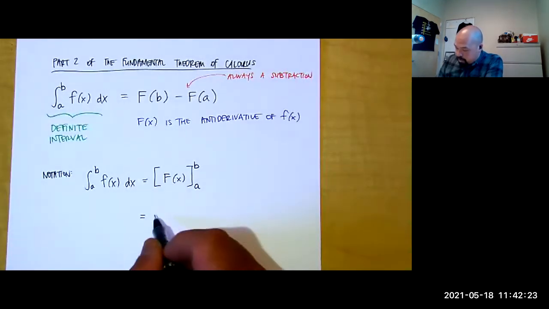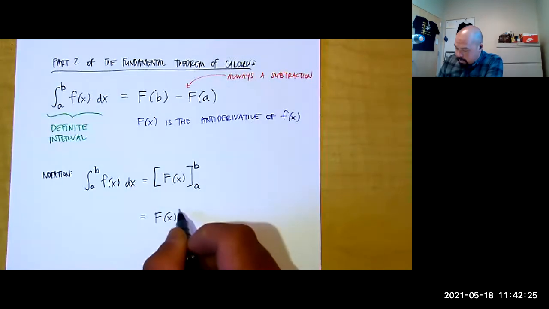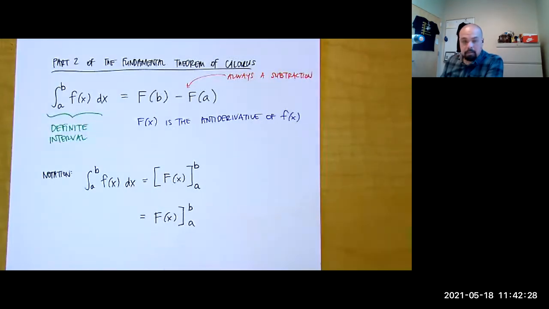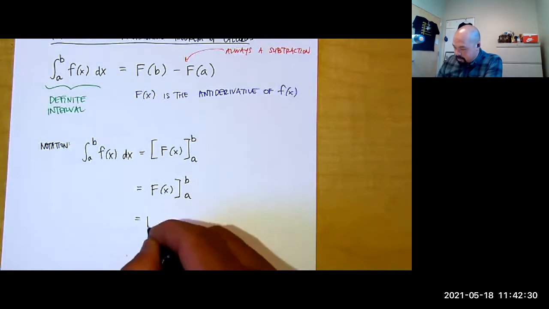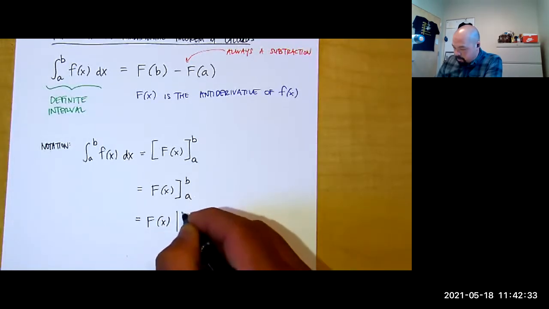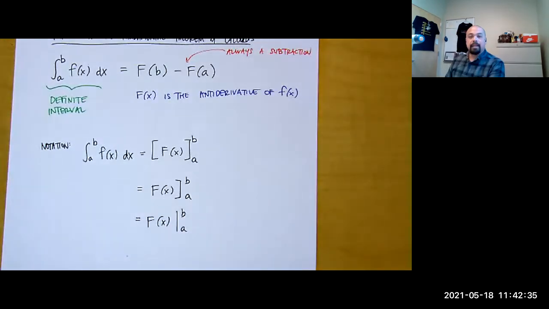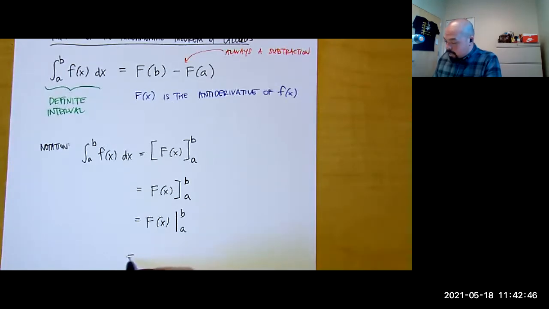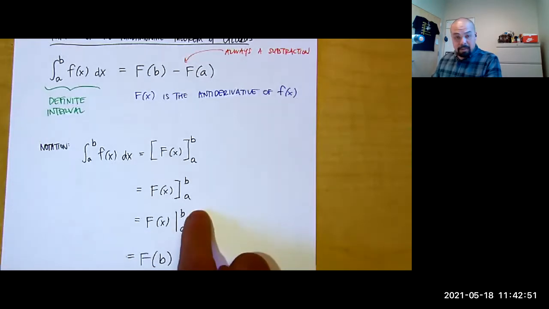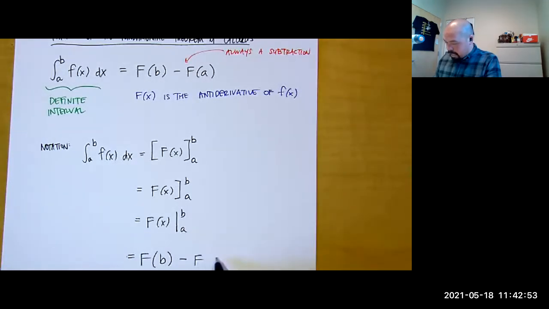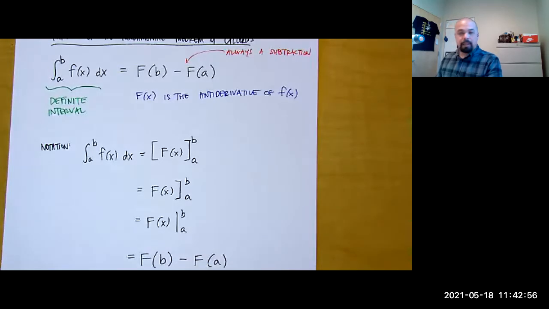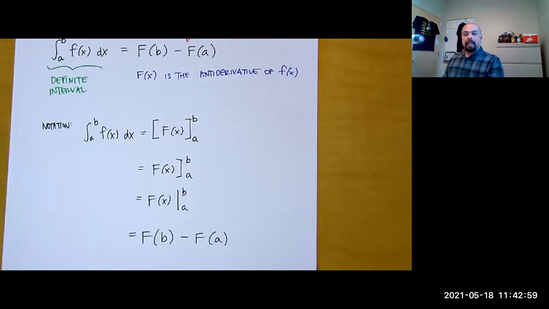And that's equivalent to just on one side a bracket, or a vertical line. Okay. Right, as mathematicians, we were talking about kind of we're lazy with our notation. We want to write as little as possible to mean as much as possible. But again, all this tells us to do is our antiderivative with the upper limit minus the antiderivative evaluated at the lower limit, always a subtraction. And that's how we're going to compute.